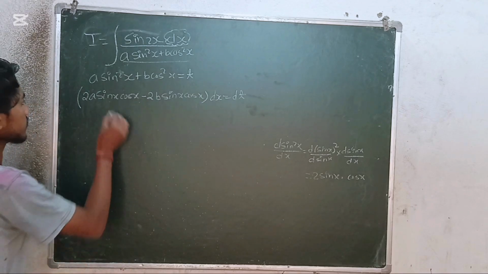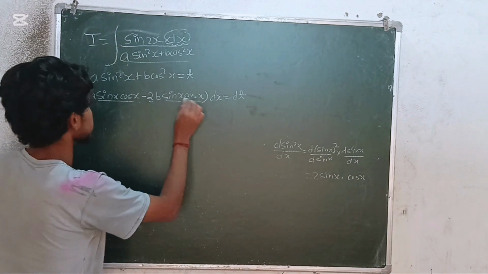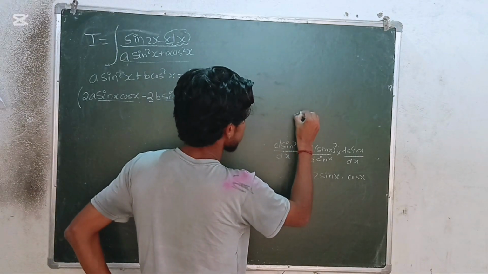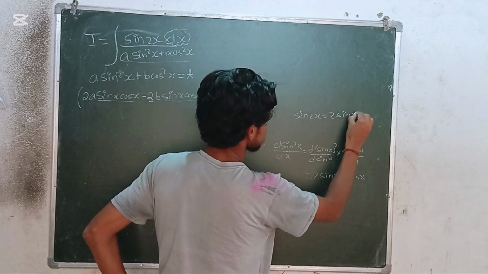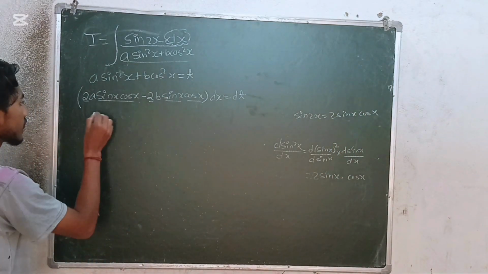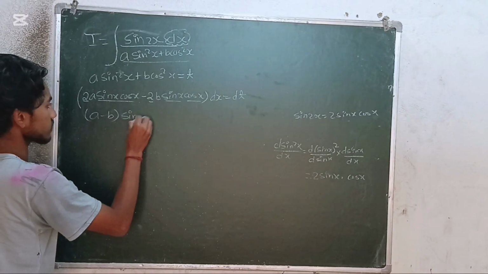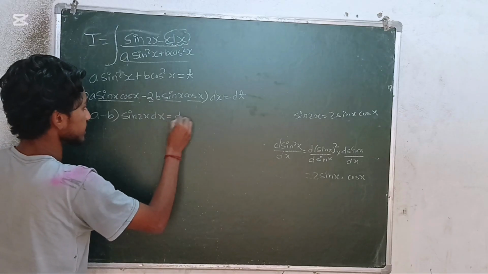So if you look here, 2 sine x cos x is common, and if you know the identity, sine 2x is nothing but 2 sine x cosine x. So this is going to be a minus b times sine 2x dx, which is our dt.